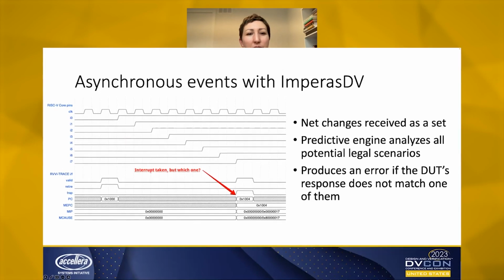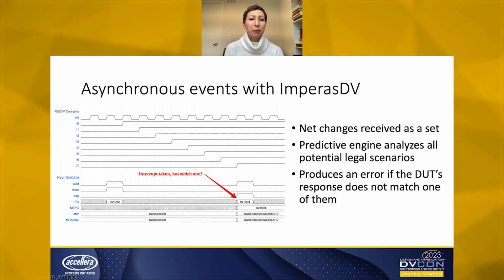So to solve this dilemma, Imperas DV has something called a predictive engine. It will receive all these net changes as a set over the RVVI trace interface. And then it will analyze all the potential legal responses to these nets that the processor could take.